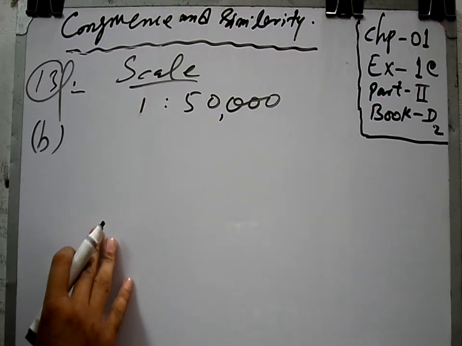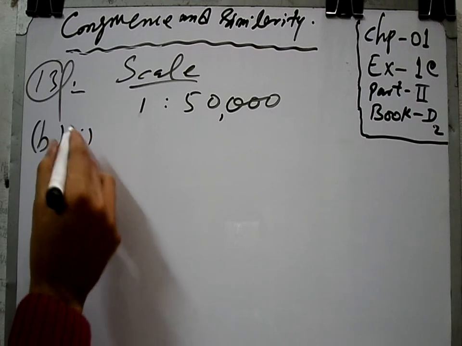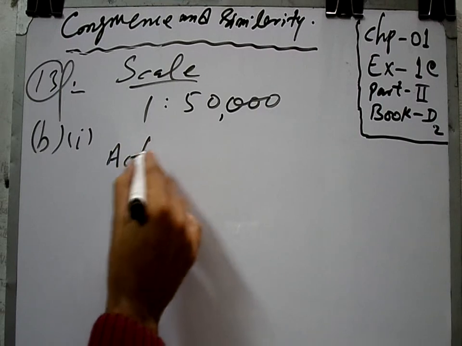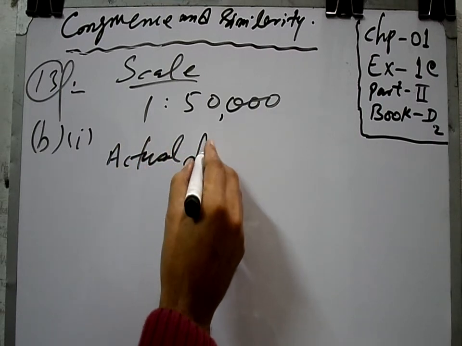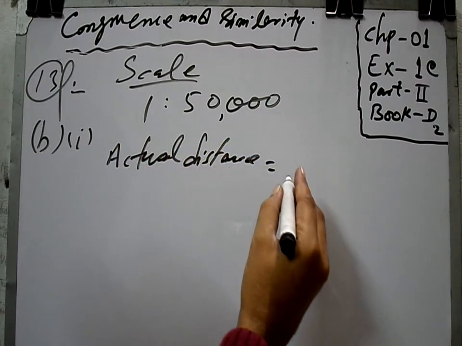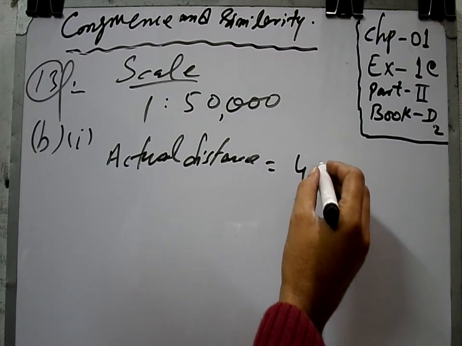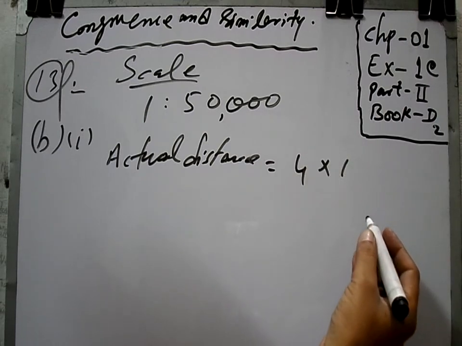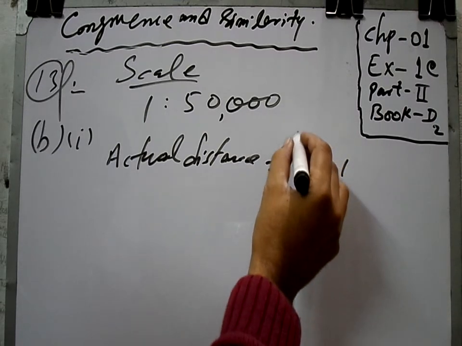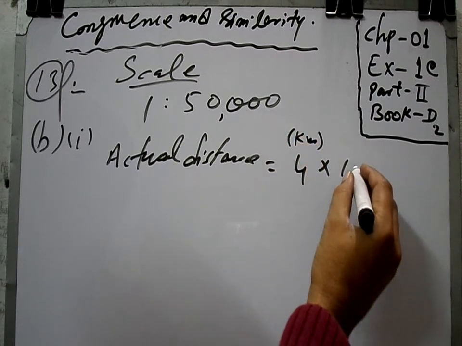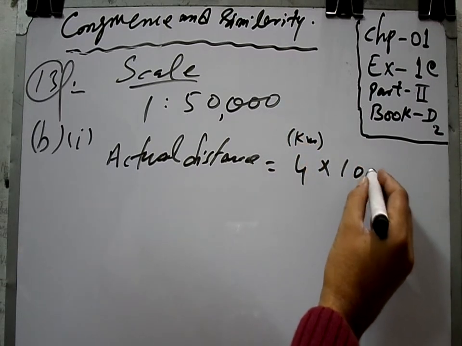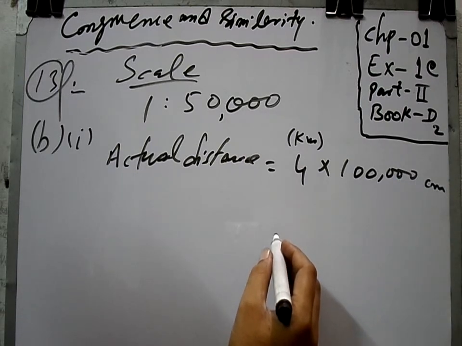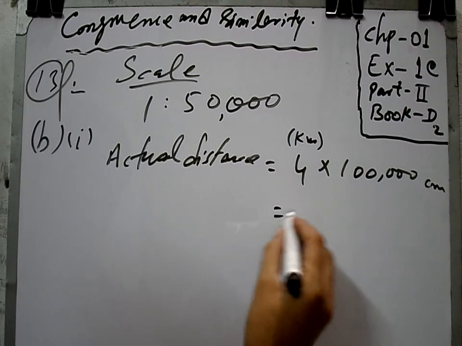Now actual distance in part number 1 is equal to 4 kilometer multiplied by, to convert into centimeters, 4 is in kilometer, so multiply with 100,000 to convert into centimeters.